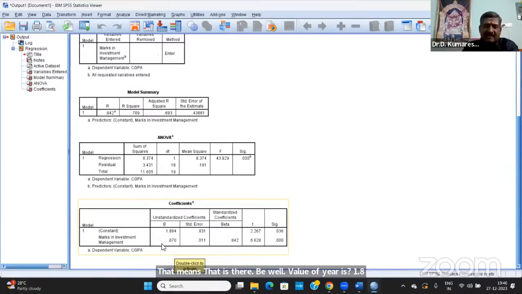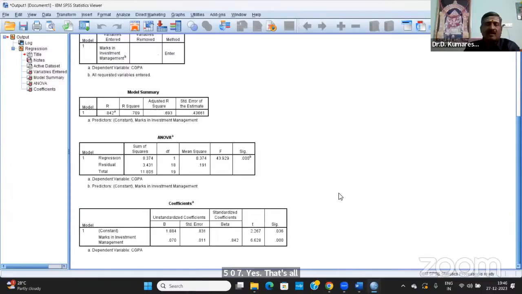Value of B is 0.07. So let us write the equation. Y equal to 1.884 plus 0.07x. That's all.